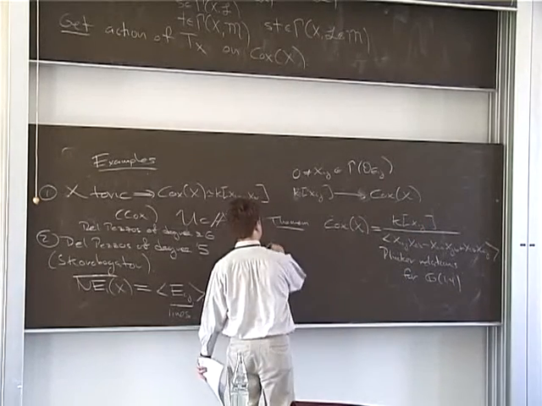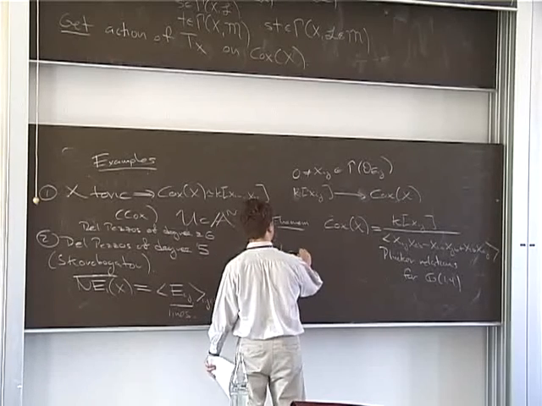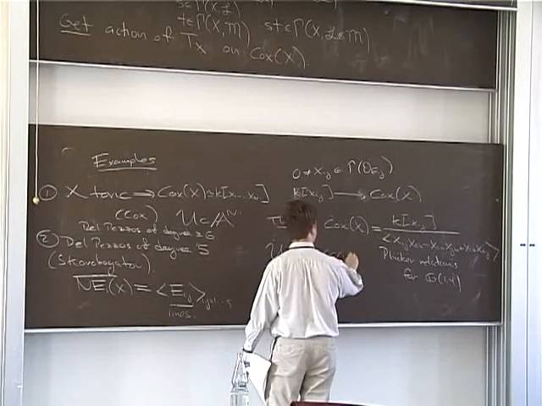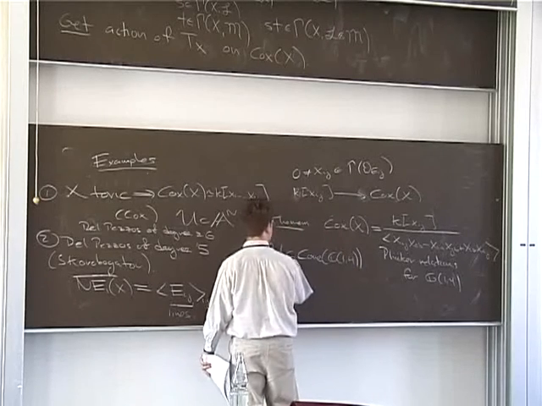So what we get is that U embeds in the cone over the Grassmannian, which is an affine variety, as a dense open subset.